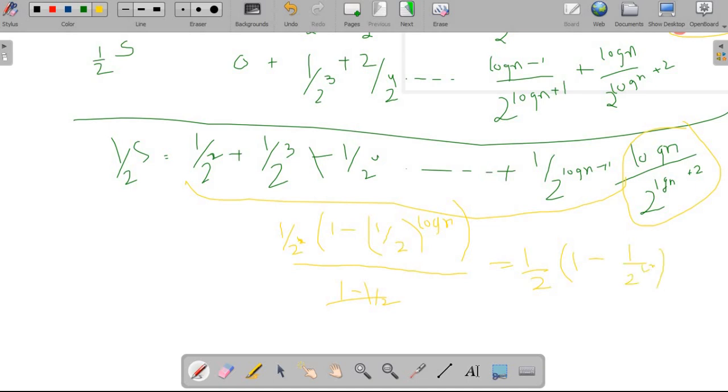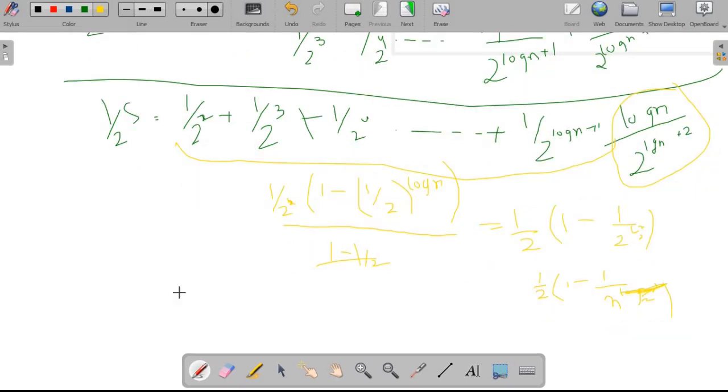Now we know that this log n is of base 2, because as it is a binary tree, the base is 2. So when this base and these 2 are the same, they just cancel out. So we get 1 upon 2, 1 minus 1 upon n to the power of log 2 base 2, because these both can be swapped and log to the base 2 of 2 is 1.